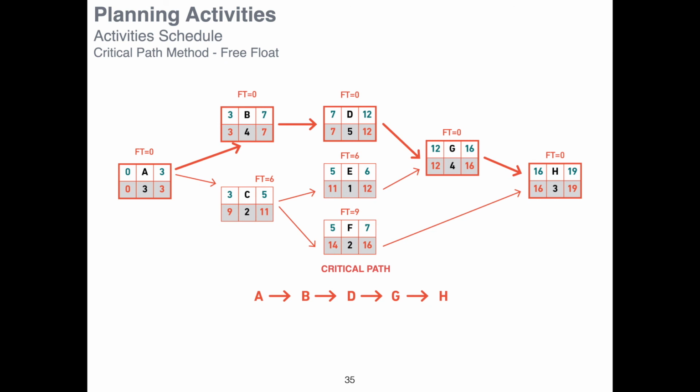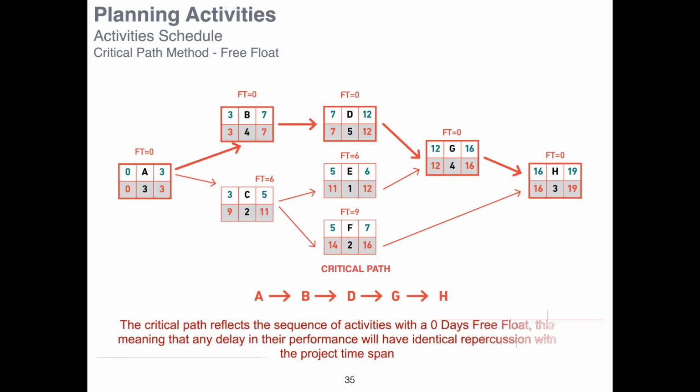So it means that on day 3, I should prioritize the implementation of activity B because activity B cannot be delayed. Activity C, we have a buffer here that allows me to complete this activity with at least a delay of 6 days. So the critical path method, here it's A, B, D, G, and H, which is the sequence of activities with a free float of 0. This sequence of activities cannot be delayed, otherwise the completion of the project in 90 days will be delayed.